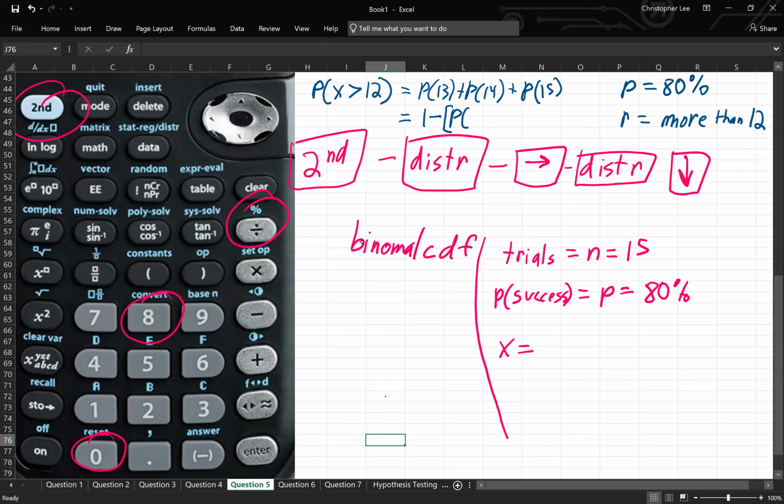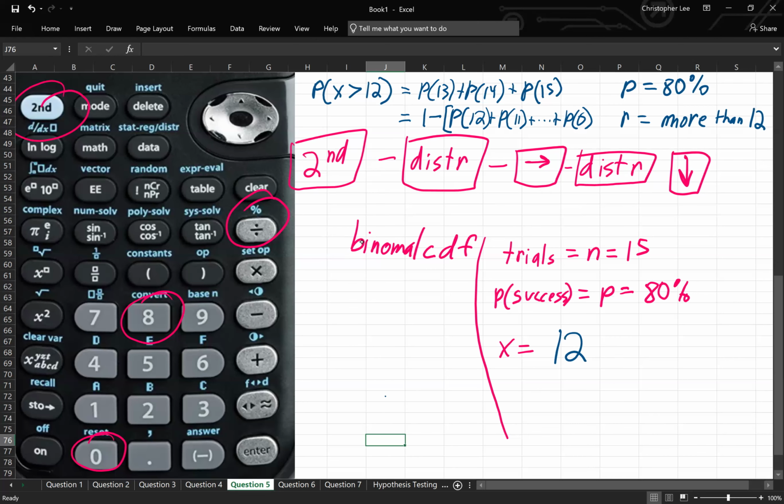It could give me the rest. What's the rest of it? It can only do less than. So what numbers are there? 12. What else? Exactly. Plus skip a few all the way down to the probability of 0. That's what you're going to do in your calculator. So my X in this case is going to be 12.